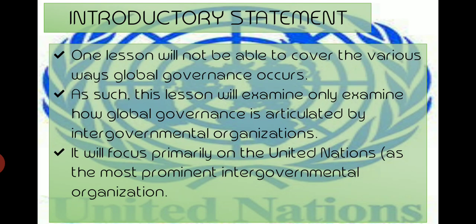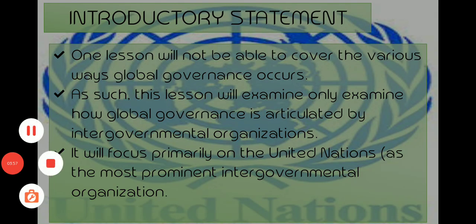One lesson will not be able to cover the various ways global governance occurs. As such, this lesson will only examine how global governance is articulated by intergovernmental organizations. It will focus primarily on the United Nations as the most prominent intergovernmental organization.